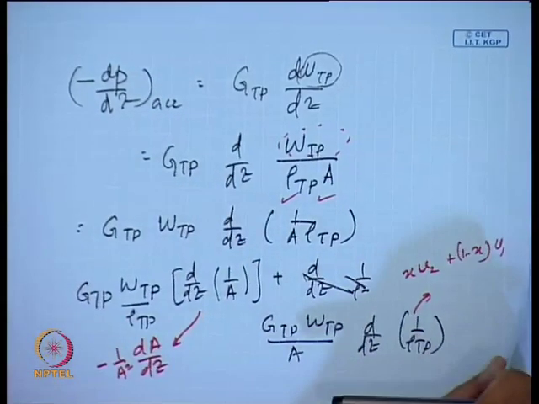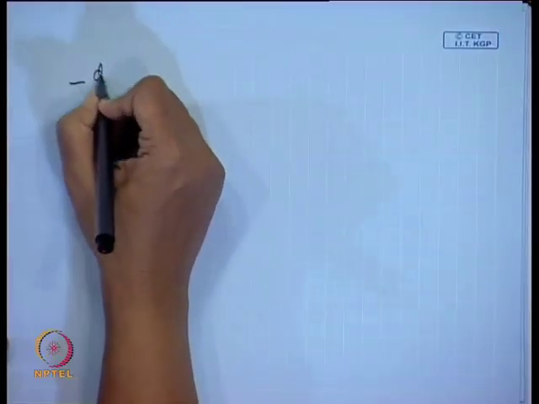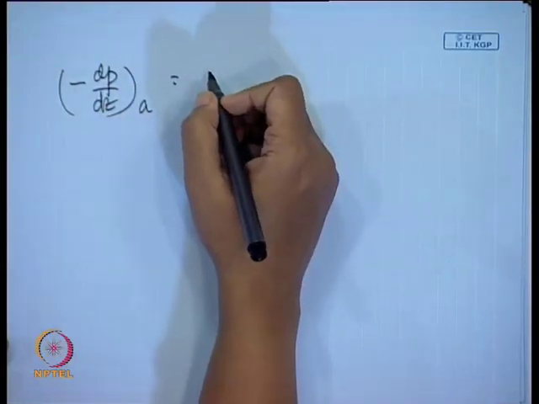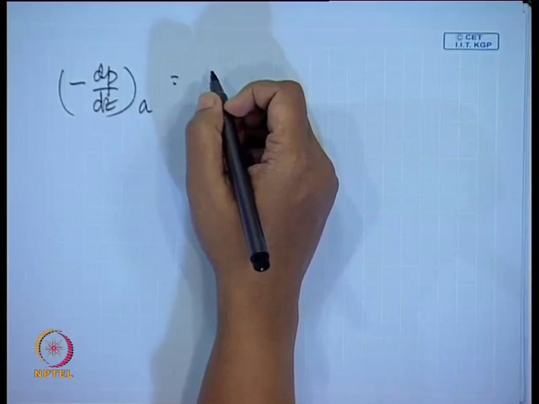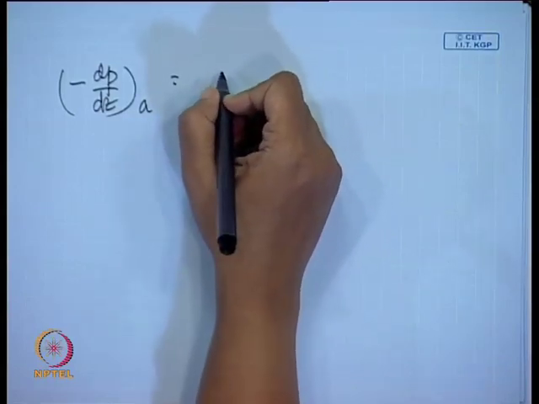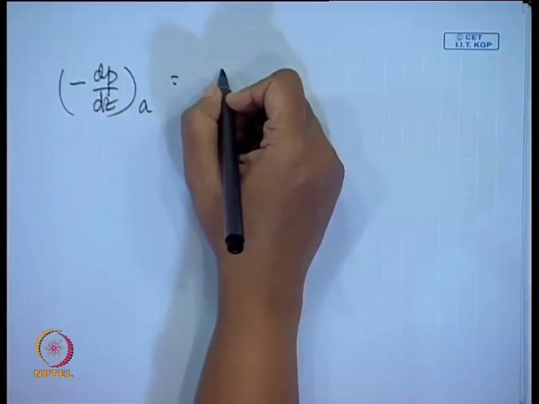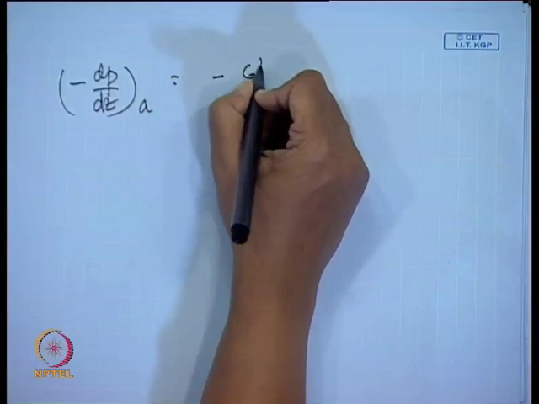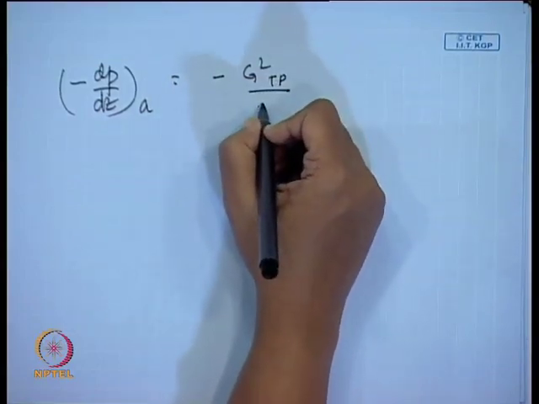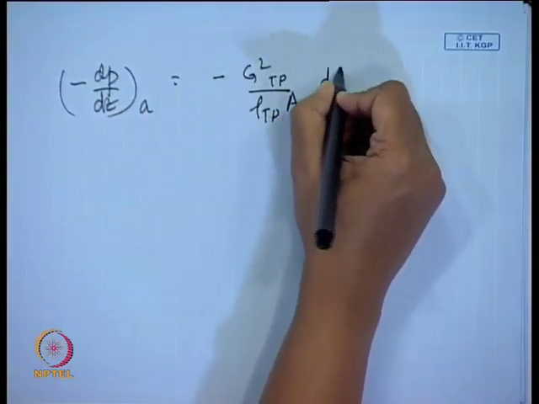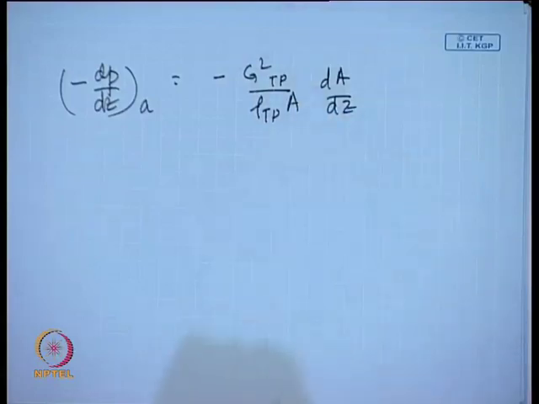Do it and then let us see what you are going to get. From this particular situation, it is specifically equal to minus G squared_TP by rho_TP A dA/dz, is it not?